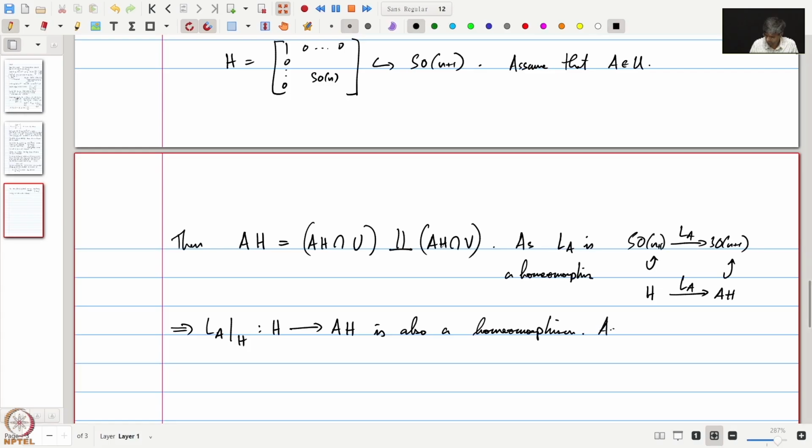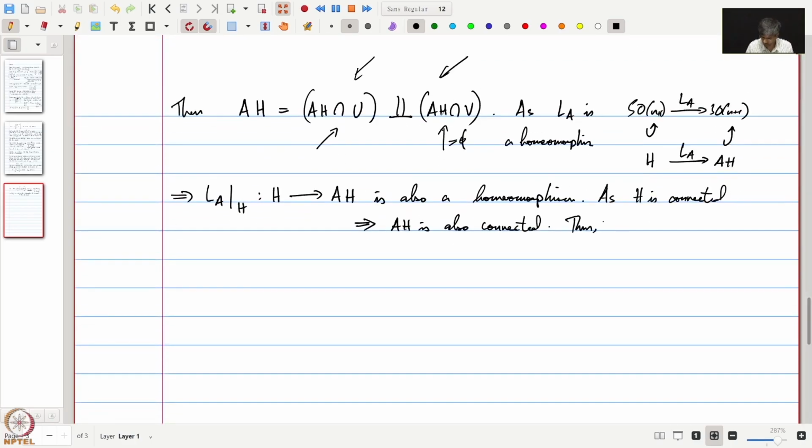Right. So as H is homeomorphic to SO(n), and we are assuming by induction that SO(n) is connected, H is connected. As H is connected and AH is homeomorphic to H, this implies that AH is also connected, right. So thus one of these two open sets has to be empty, but A belongs to this set, so this set over here has to be empty, or in other words AH is completely contained inside U, right.